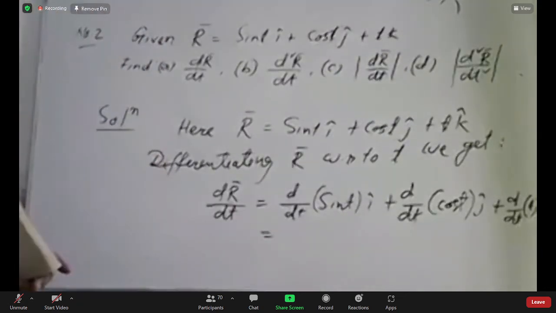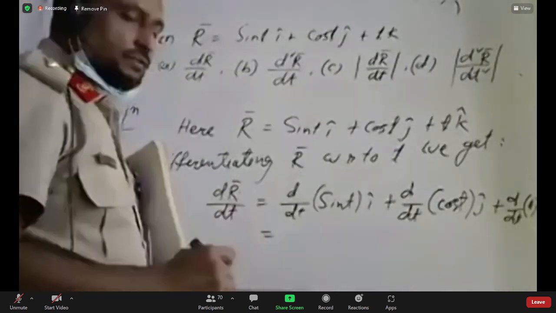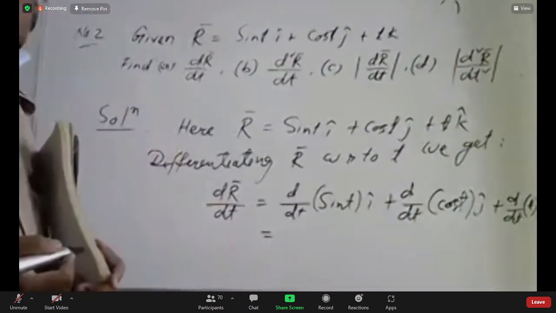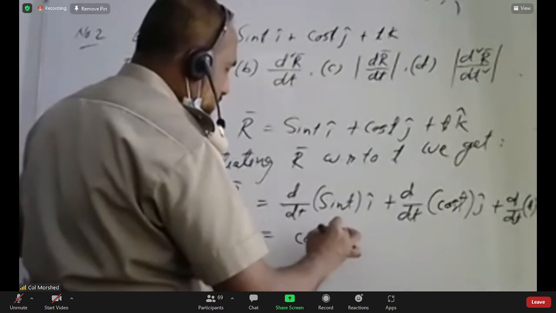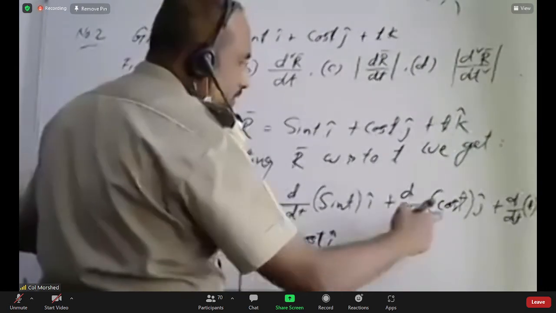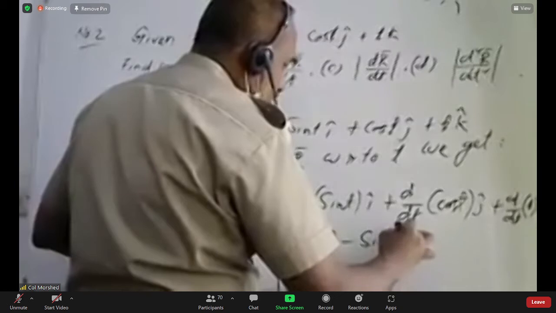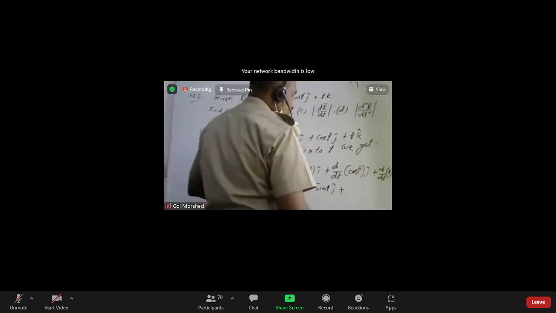So what is d/dt of sin t? Who can say? cos t. If you differentiate sin, cos t i, okay, right. This is cos t i, and this will be minus sin t j, and that will be only k.